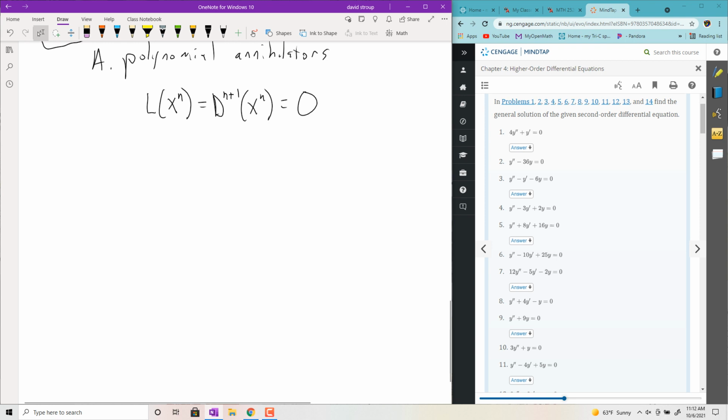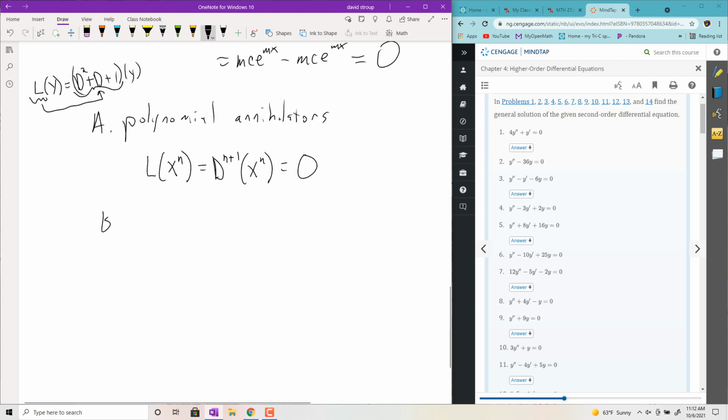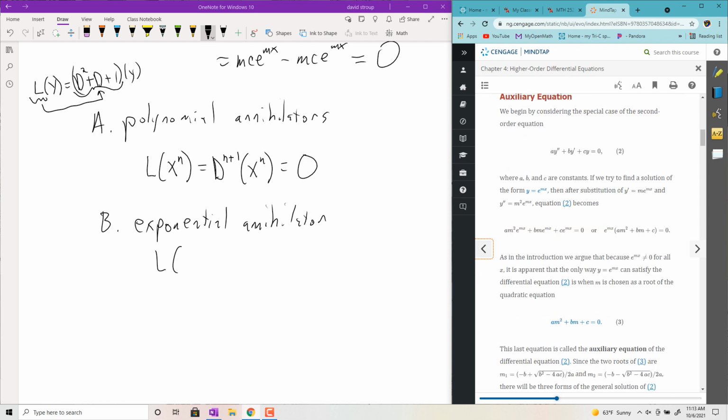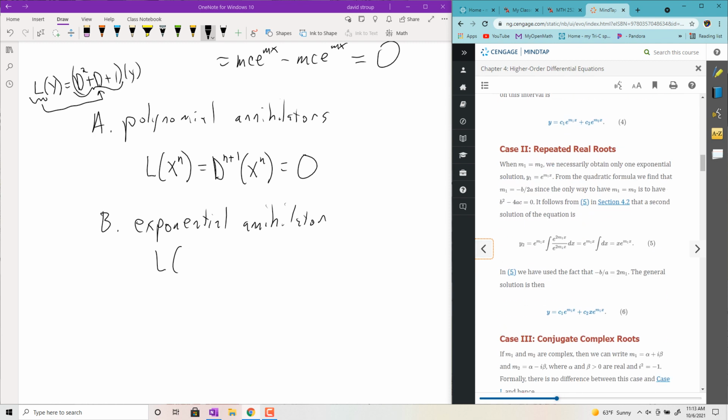All right, the second type of annihilator that I was just introducing is the exponential annihilator. We're going to be applying it to things not just of the form e to the mx, but also with x's in front of it. So we'll have multiple root issues, like we dealt with in 4.3, where in repeated root problems you always have to tack in an x.